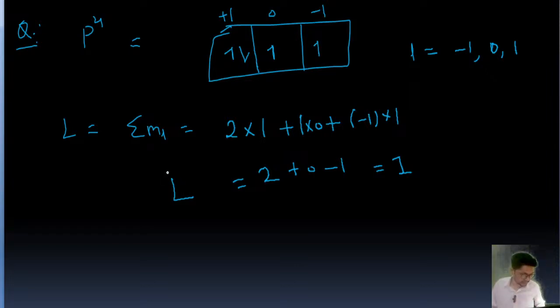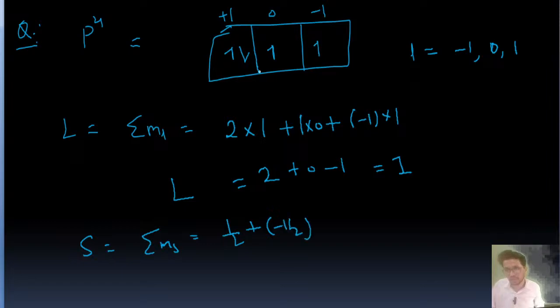Okay. And S value is sigma ms. So this is plus half, plus half, and minus half, plus half. These are in opposite, right? This will cancel each other, so S value is 1.